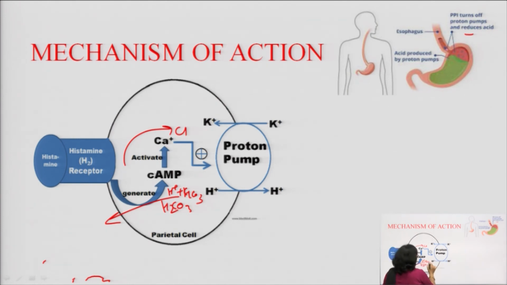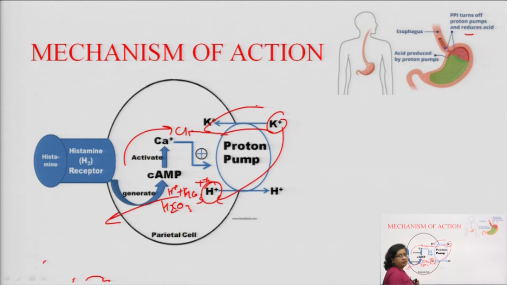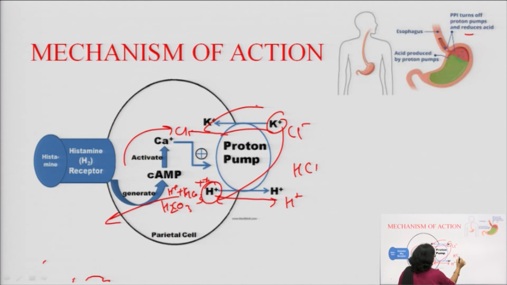Now, this H plus is here. Now, this chloride ion will come to the lumen of the stomach through the channel. Here hydrogen ion and potassium ion exchange will take place, so hydrogen ion will be inside the lumen of the stomach. Now, this H plus and chloride ion will form HCl.